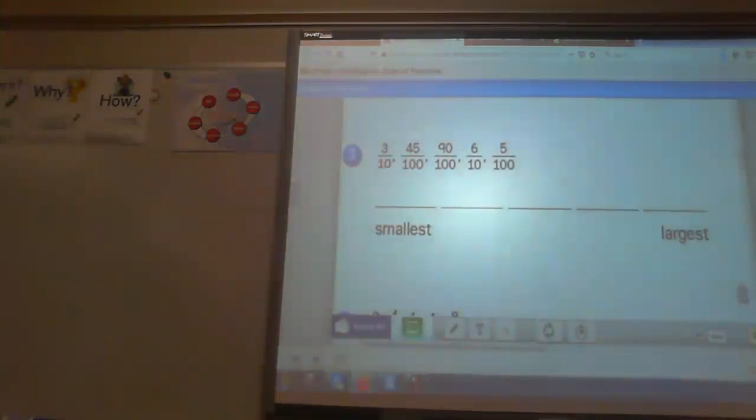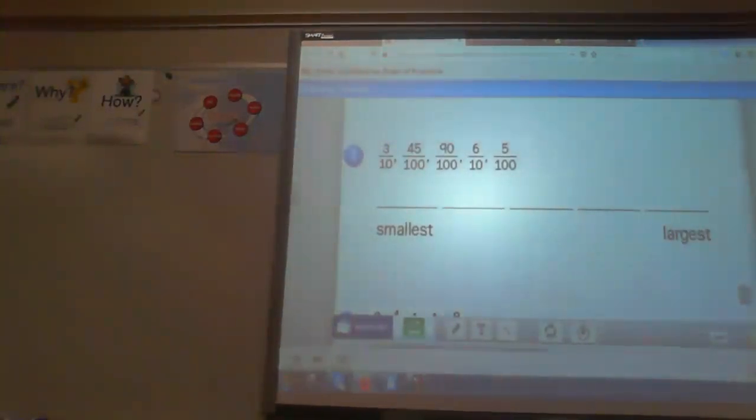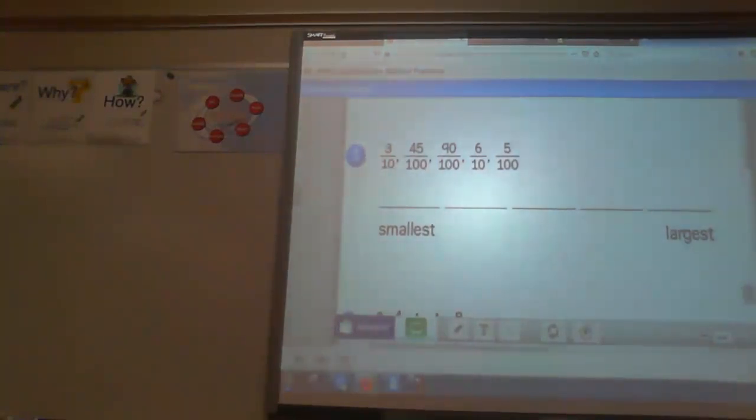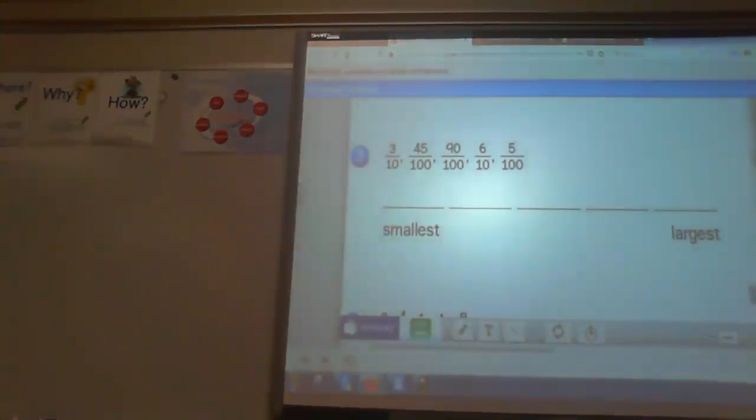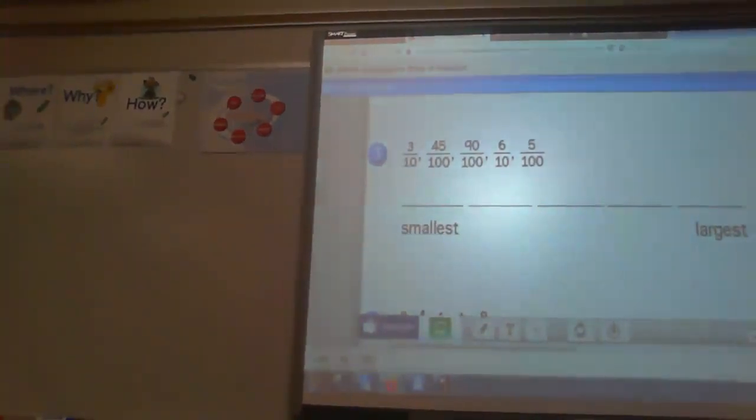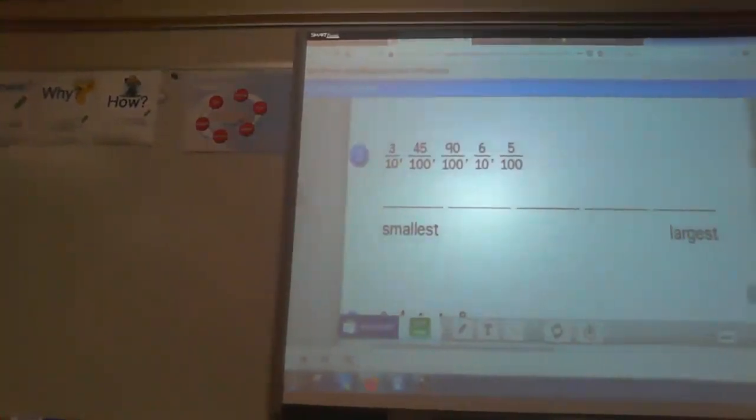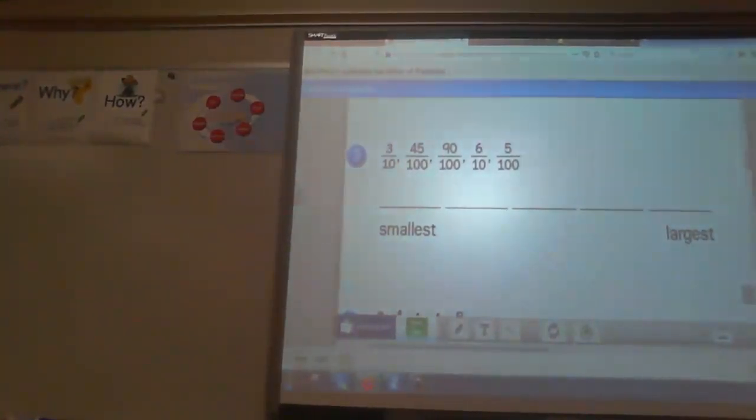So who has an idea? Talk to your partner. What could you do to make this easier to compare? Maybe think about changing the numerators or changing the denominators and which one you would do and why.